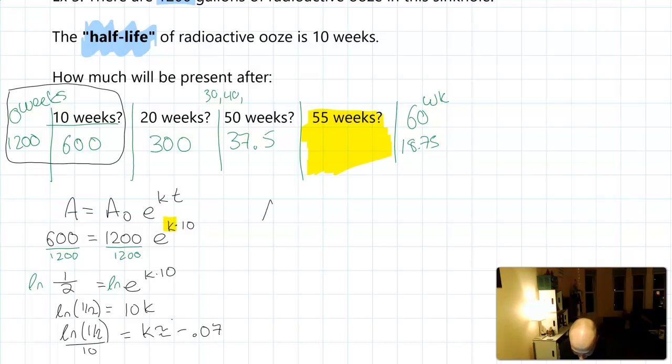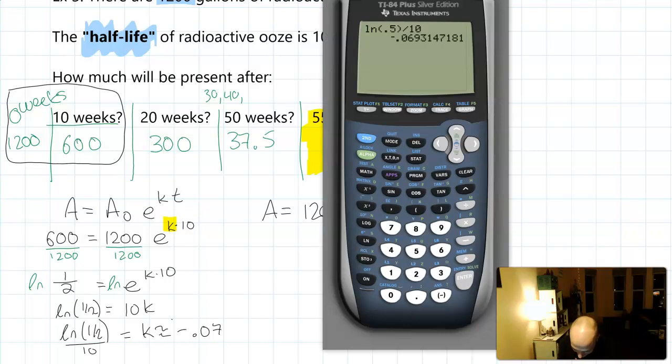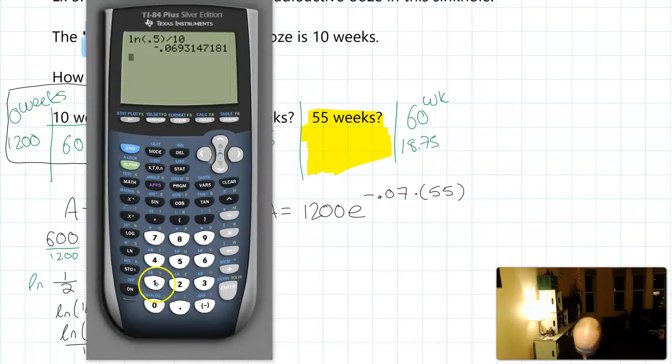So I can say, okay, A equals initial amount was 1200, e to the negative 0.07 times the number of weeks, which was 55. Just going back in and using the standard model. Let's plug that in. Now I'm going to use the full decimal there, getting that full decimal times 55 for the weeks.